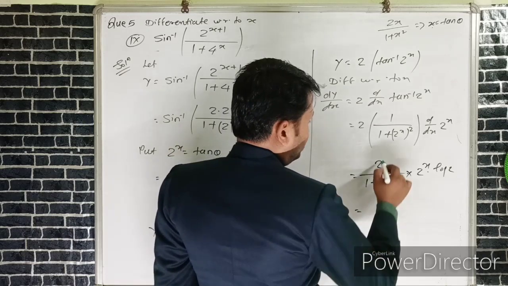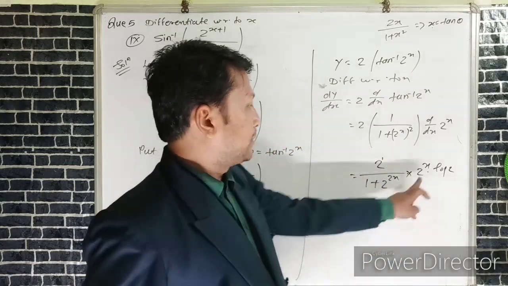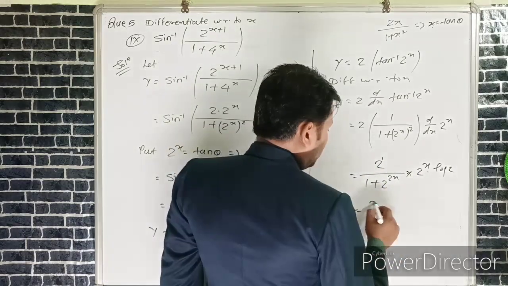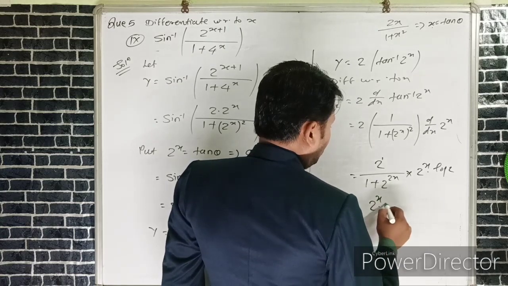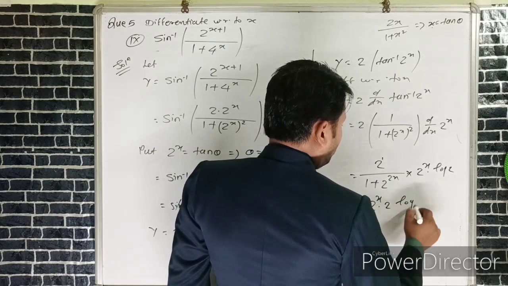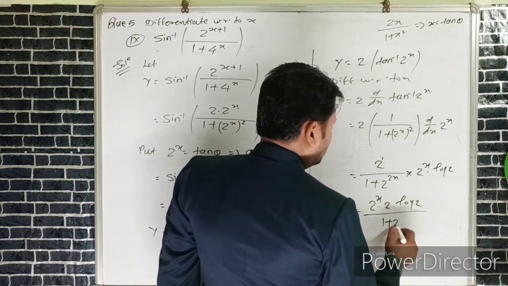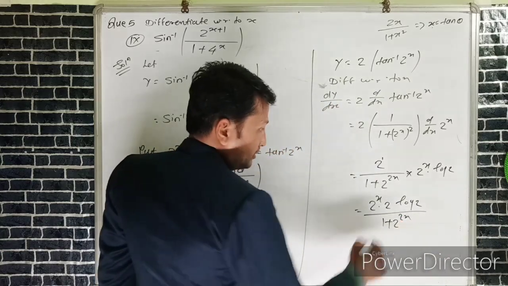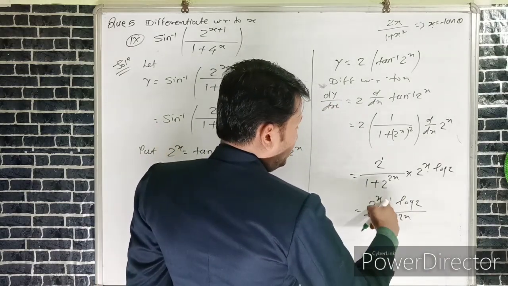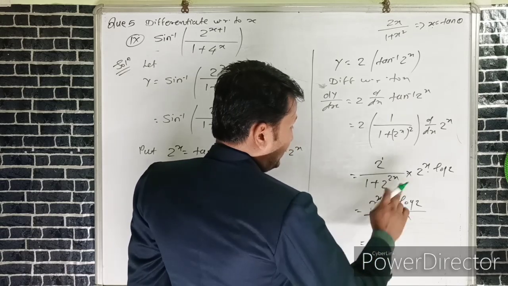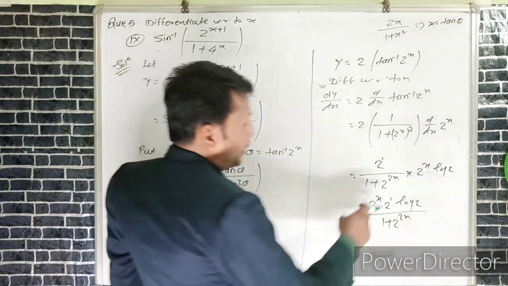These two terms, here the power is 1, here the power is x. We can write 2 raised to the power x into 2 into log 2 upon 1 plus 2 raised to the power 2x. If the bases are equal, then we can add the powers.